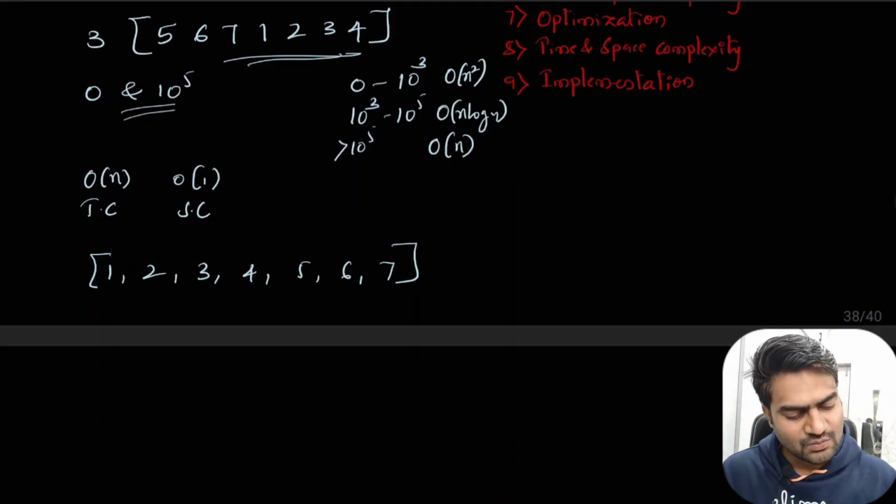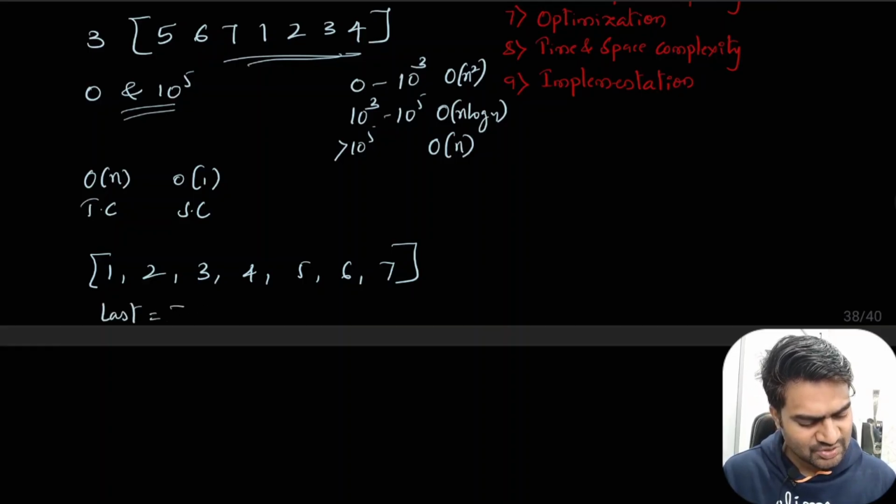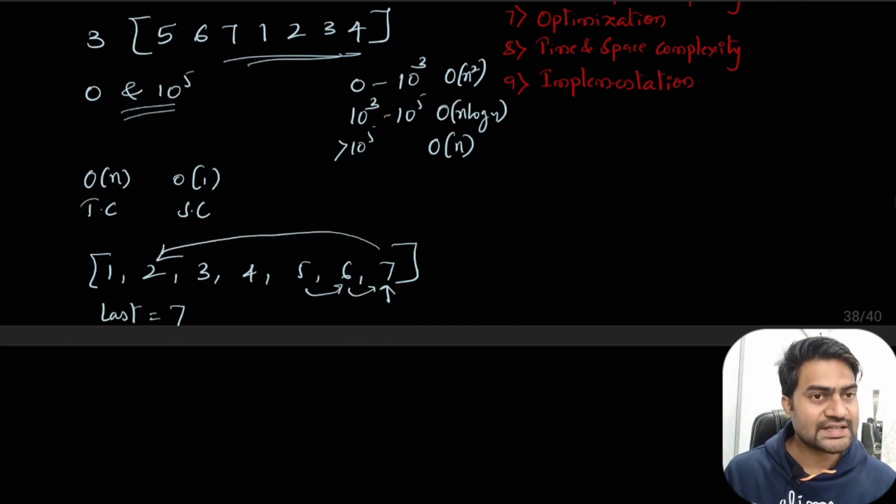For that, I will take a variable for the last number and keep it in this variable. After that, I will start from the last position and iterate till this position, and keep moving the elements towards the right.